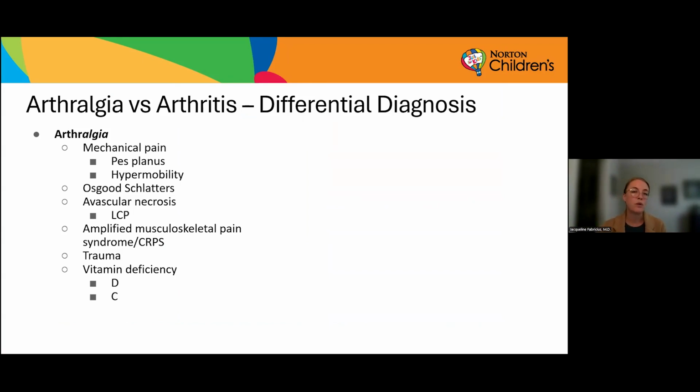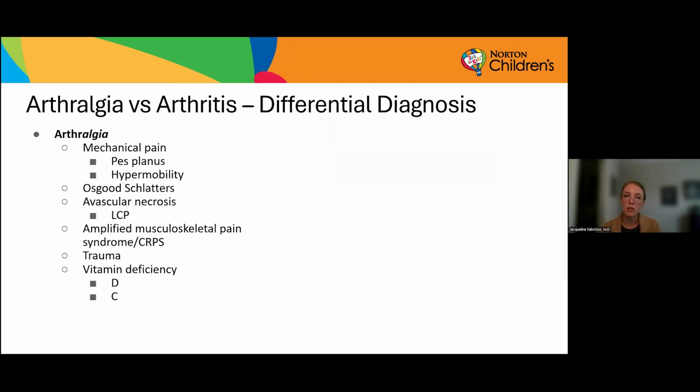It includes some of these orthopedic causes of pain like Osgood-Schlatter's, avascular necrosis, or Legg-Calvé-Perthes. Of course, amplified musculoskeletal pain syndromes and CRPS can present as joint pain, but they would not have any inflammation on their exam. Trauma can look like pain. And certain vitamin deficiencies, vitamin D, vitamin C, can also be associated with joint pain.